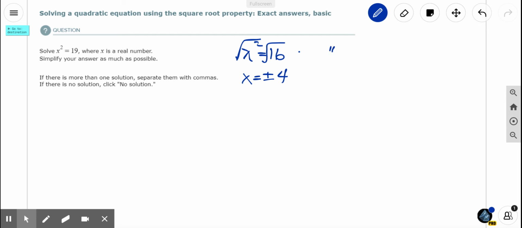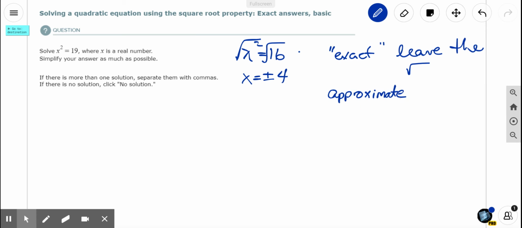When they use the word exact, it means leave the square roots in there. When they say approximate, that means use decimals.